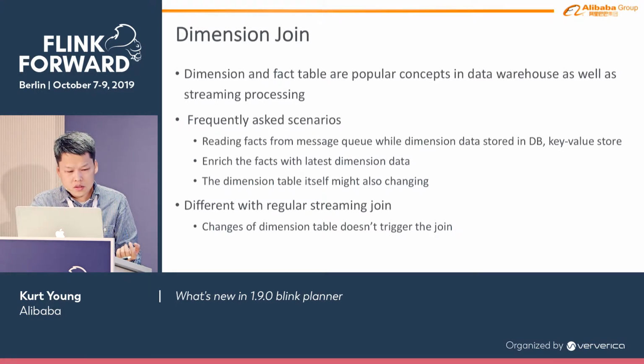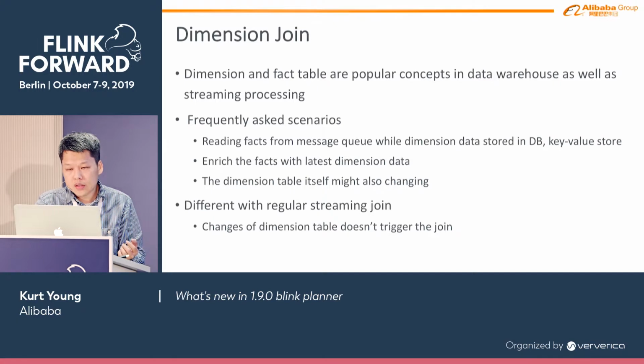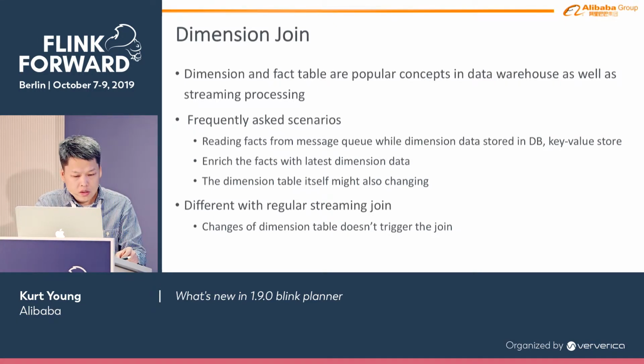In this case, the dimension table itself might also change, but most of the time the user doesn't care about it. They only want the fact data to join the latest dimension table. It's actually a quite interesting use case.